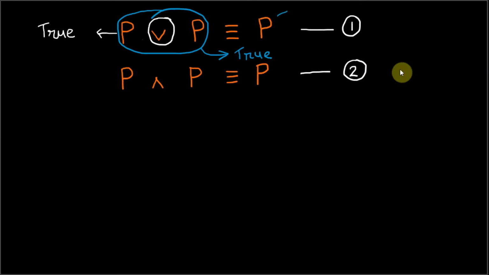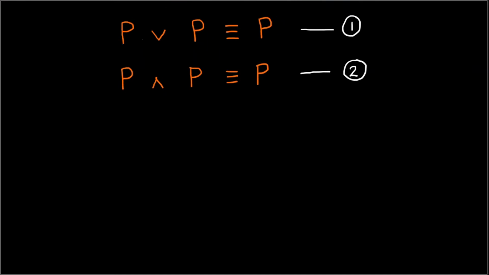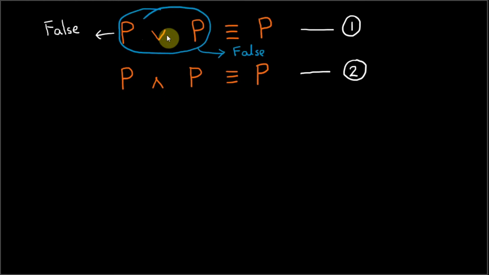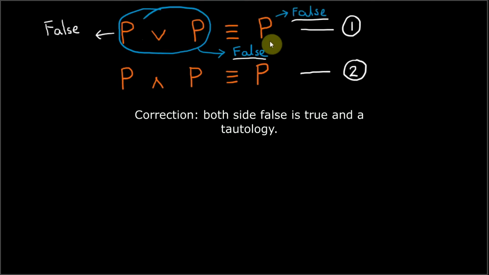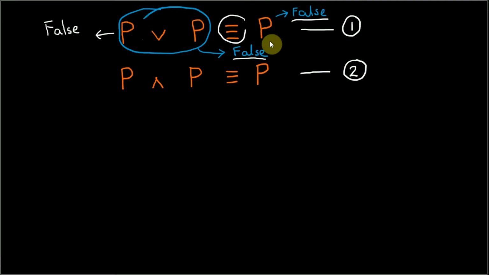So both sides we have true and the equivalence is true. If P is false, the compound proposition is false since both statements are false, which is equivalent to false. Therefore, the equivalence is correct.